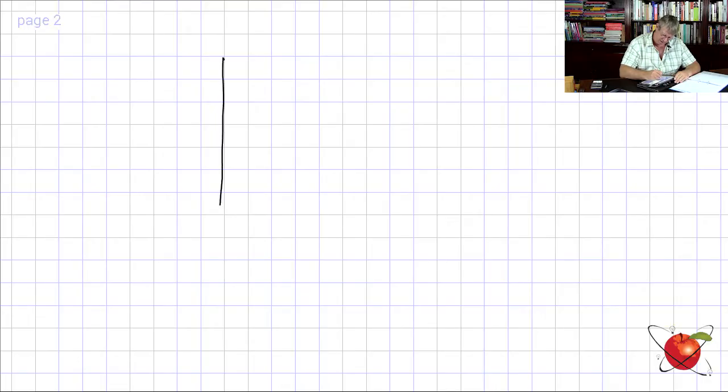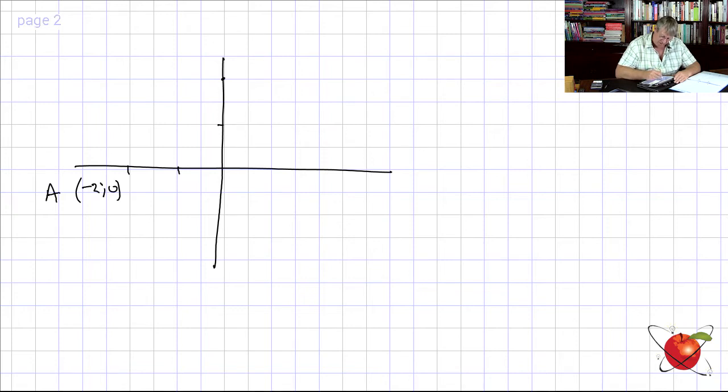All right. The next one is to say, okay, what are we going to do? You put the information onto a sketch. Let us say they give us something like this. Just for argument's sake, they give us a drawing and they give us a point here. A is -2 and 0. And they say that's A. B, they say to us, is 0 and 4. So we go 1, 2, 3, 4. So that is 0 and 4.